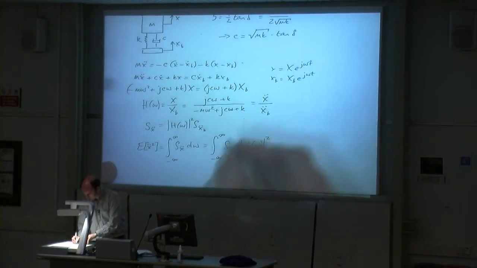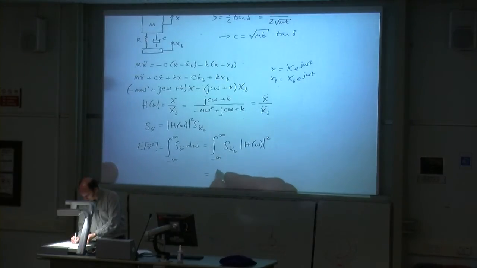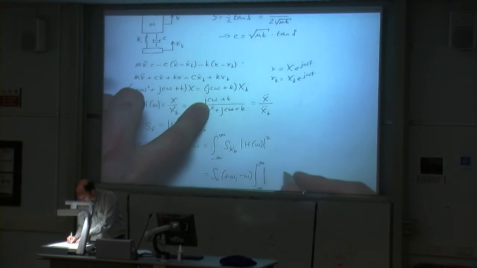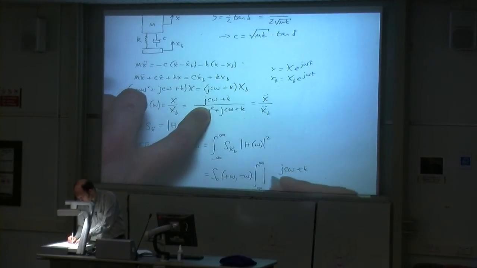It's given up here. And so this is going to be some constant, S omega. That's a double-sided integral. We'll write it like this, times the integral from minus infinity to infinity of H omega, the jc omega plus k, divided by minus m omega squared plus jc omega plus k.